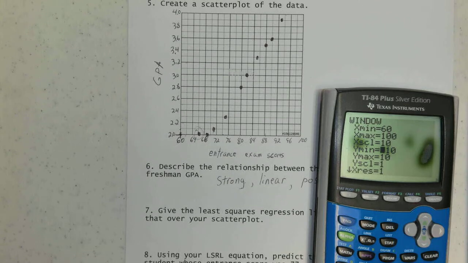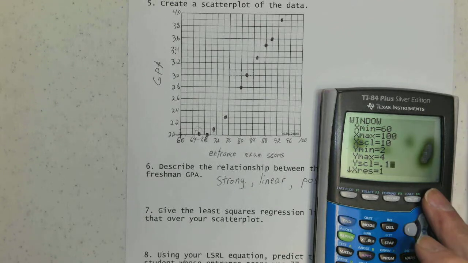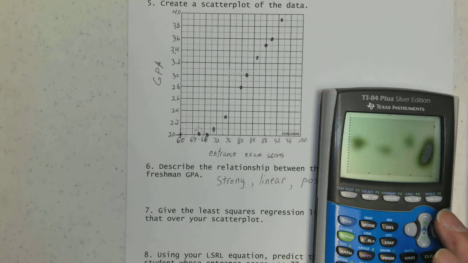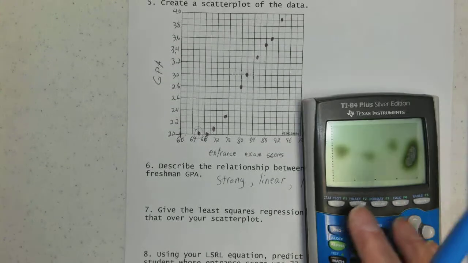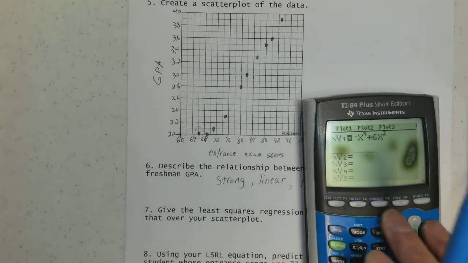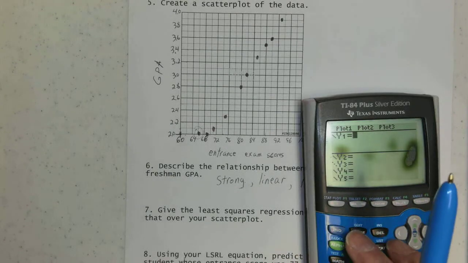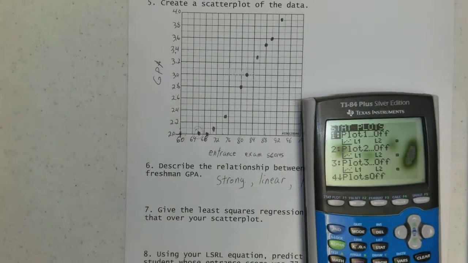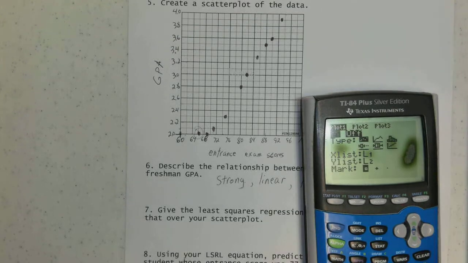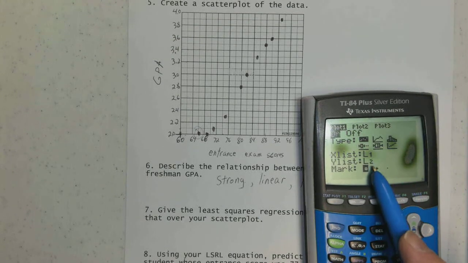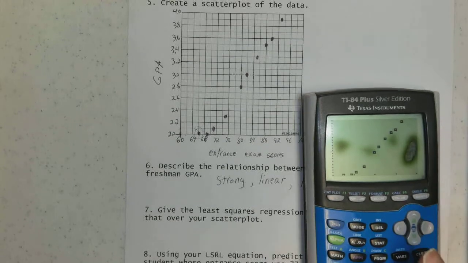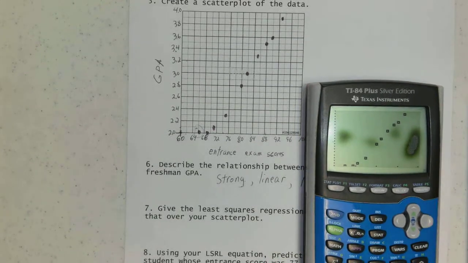Y min, let's go 2 to 4, and we'll go by 0.1s. Look at the graph. Let me get that one out of there. I got a little ahead of myself. I didn't turn the stat plot on. And L1 and L2, so this is set up the way we want it. There we go.